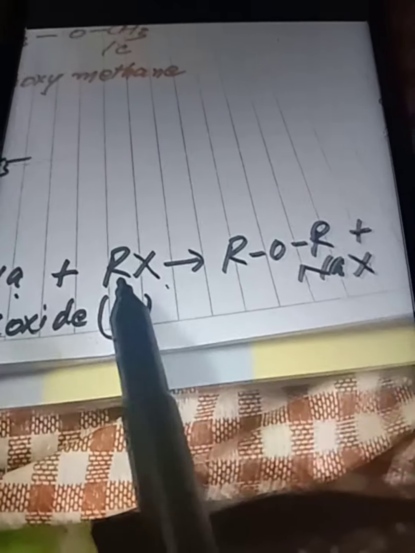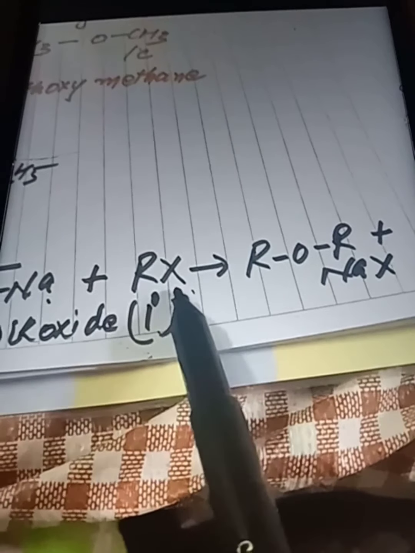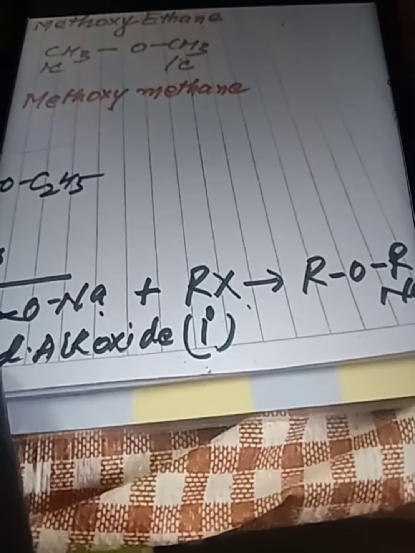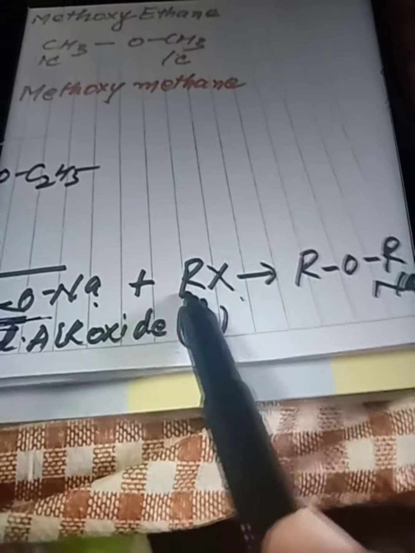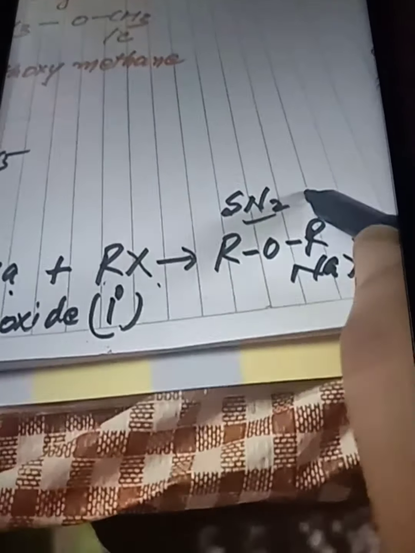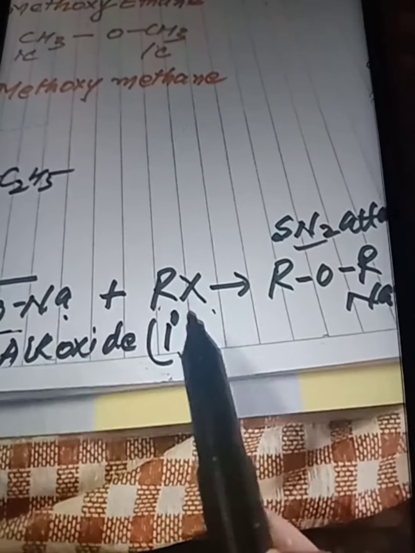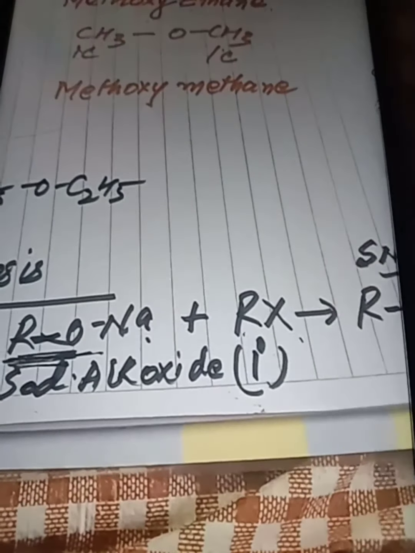So X will leave as a nucleophile, and in place of X the other nucleophile, that is RO alkoxide, will attack here. So this is SN2 attack. As I told you, if we take 1 degree alkyl halide, better results will be obtained.